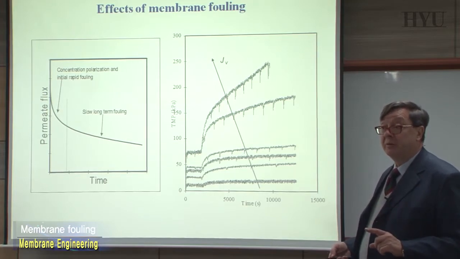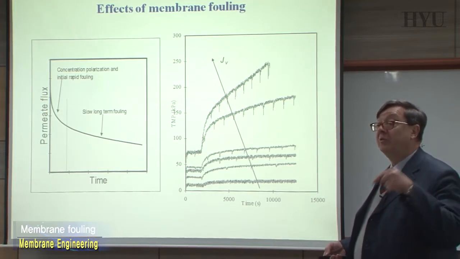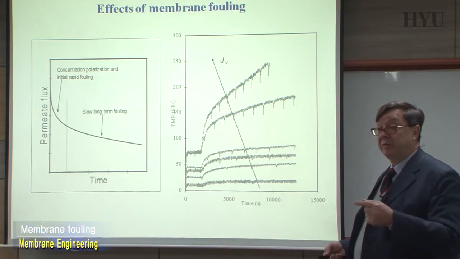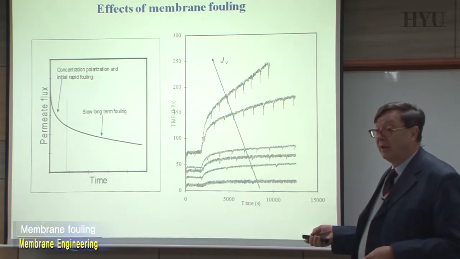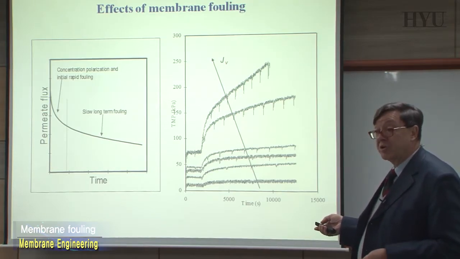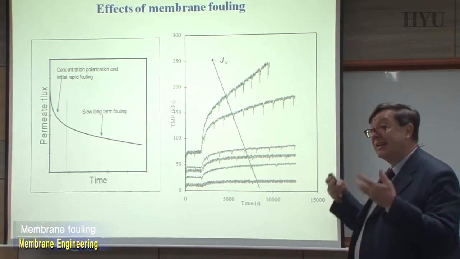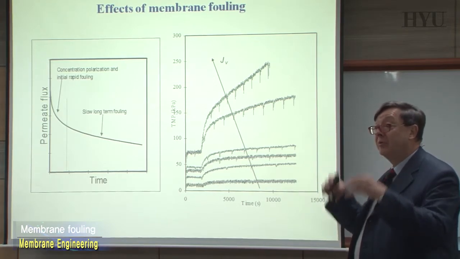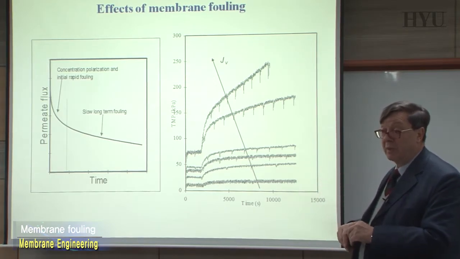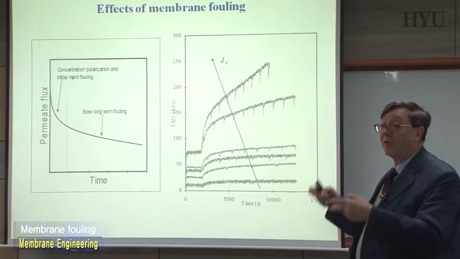That's just the opposite. If you do this, instead of increasing the transmembrane flux, you will realize that this will become worse. If you increase the pressure when you have fouling, you will increase the possibility to deposit the solutes on your membranes, and that will induce more fouling.